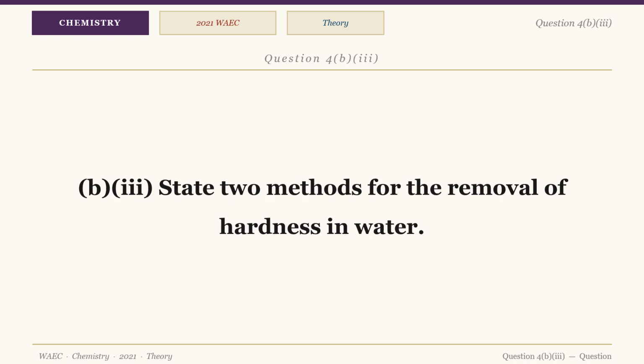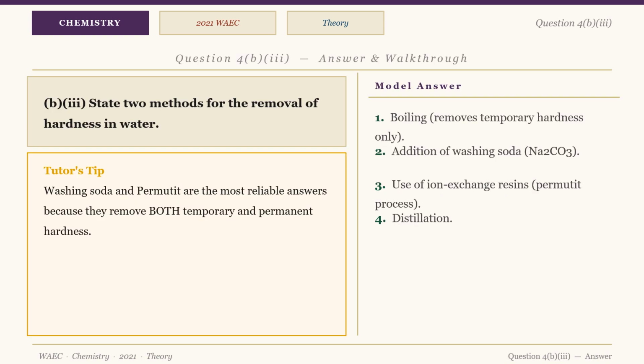BIII. State 2 methods for the removal of hardness in water. So we're going to state just 2. Now we have here boiling. So now boiling removes temporary hardness only. We have second one, addition of washing soda, Na2CO3, and we have the use of ion exchange resins, also known as the permutit process, and number 4, distillation.